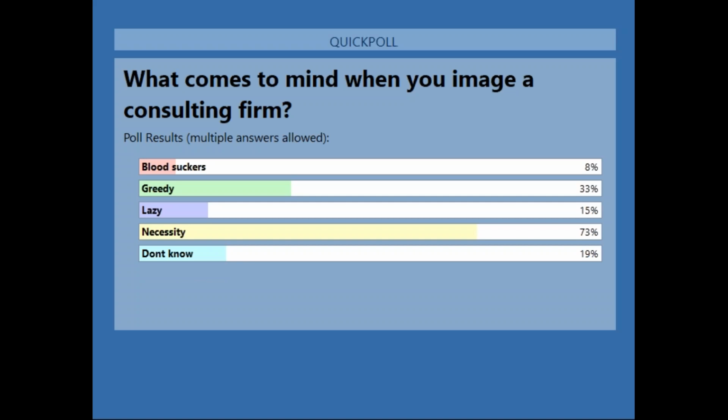This is interesting. I've been very literal in saying this because we're talking about an entity whose job is to help you get the job. But at the same time, we have a perception that has come to us because they started acting more lazy, more greedy, trying to get more and more out of your earning.